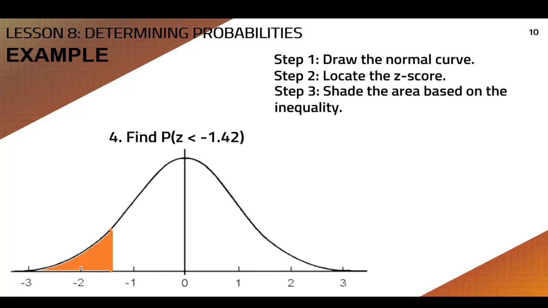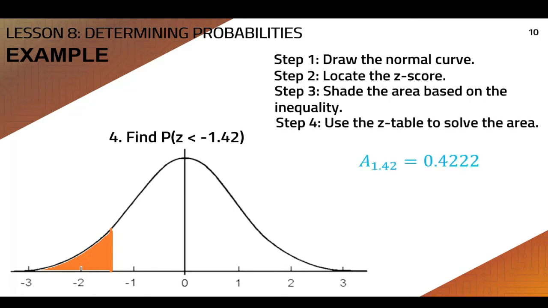So, ano na next step? Aalamin na natin yung probability. Paano natin solve yan? Since ang ating shaded area ay less than the mean, alam natin na minus or subtraction. Paano subtraction, sir? Ganito. Ayan. Ano yung susubtract natin? Yung area ng 0.4222. Nasaan yun?